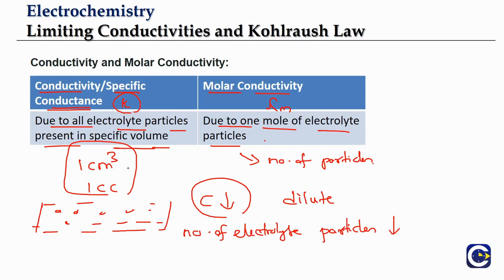As a result of it, generally what is observed is, if we dilute or if we decrease the concentration, the conductivity values are going to decrease. Why? Because in that volume that we are considering, the number of electrolyte particles are going to decrease. So the conductivity because of them will be always going to decrease.